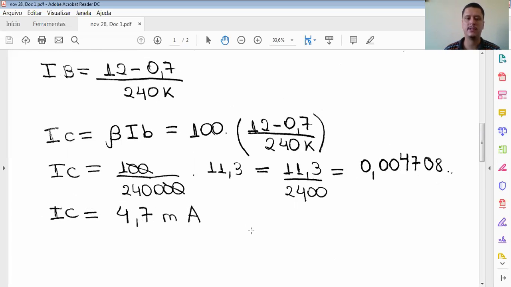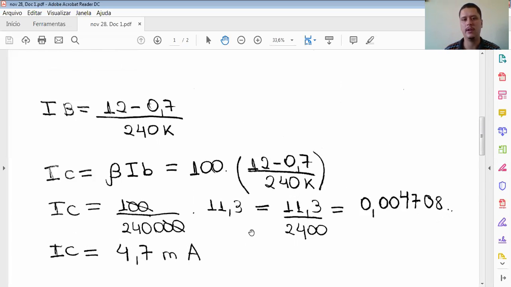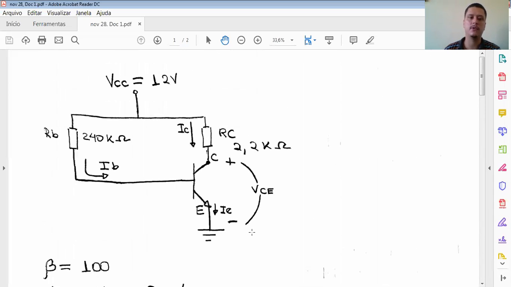So having the IC, how do we calculate the VCE? If we go back to the circuit once again, we're going to see that now, instead of looking to this side, let's look to this side. No, I'm sorry, to this side. Let's look to this side. We have 12 volts here. We have a drop of voltage of IC times RC here.